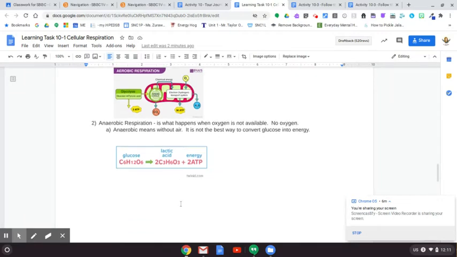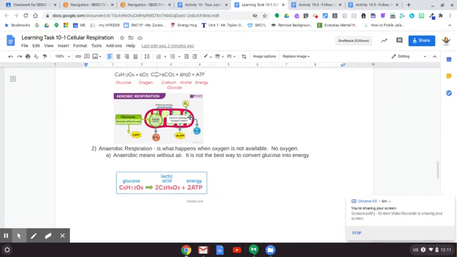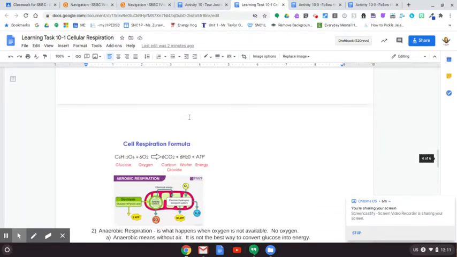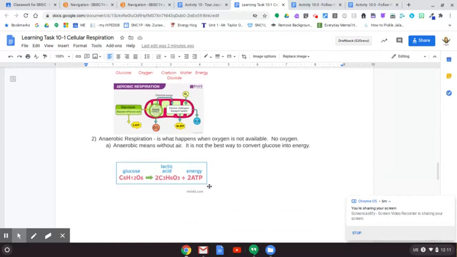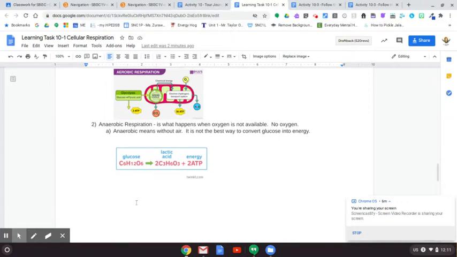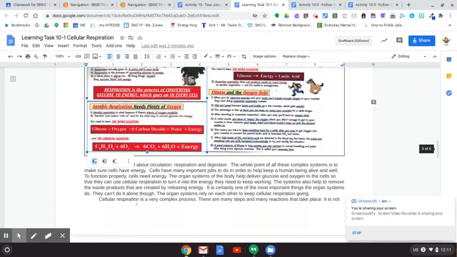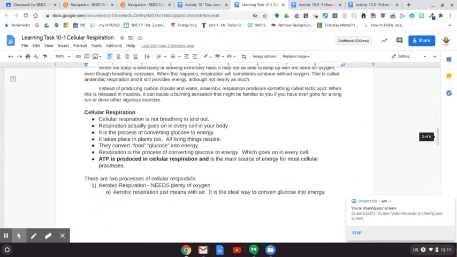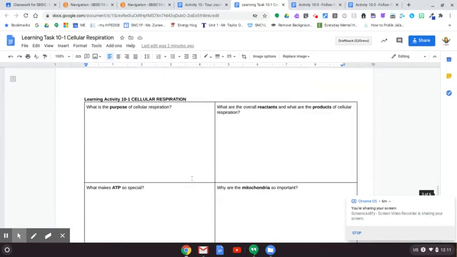And if you compare the energy that's produced in aerobic respiration, it's a lot more than what's produced in anaerobic respiration, which is why your body would prefer to do it this way, because it's more efficient. So that's basically going to give you the information to get you started on the assignment below.